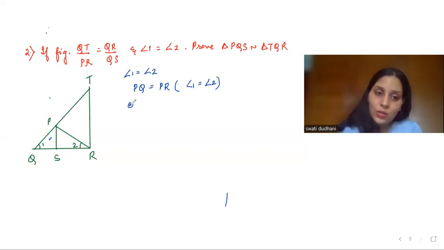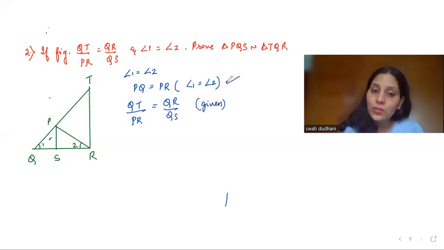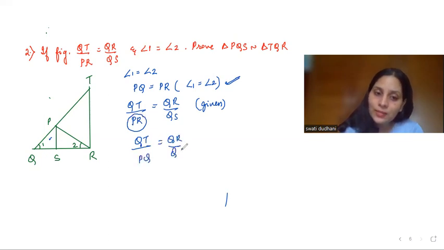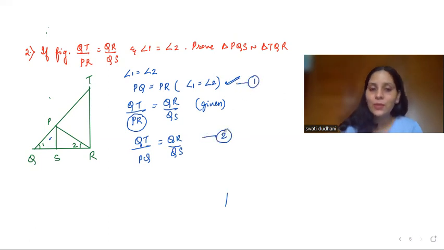And it is also given to us that QT by PR is equal to QR by QS. But since PQ and PR are equal, I can replace this PR with PQ. Let me take this as the first equation, this as the second equation.